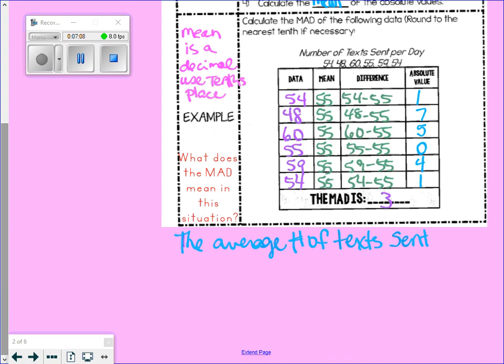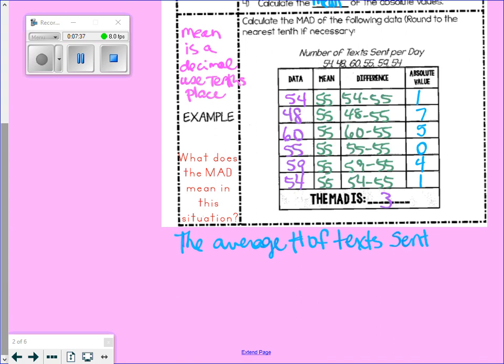No, the difference between the average number. 3 is the average distance. The average number of texts sent varies by 3. Okay, say that again. The average number of texts sent each day varies from the mean.